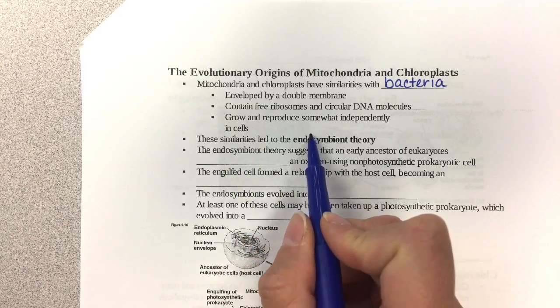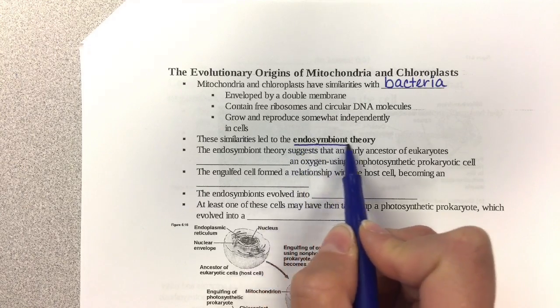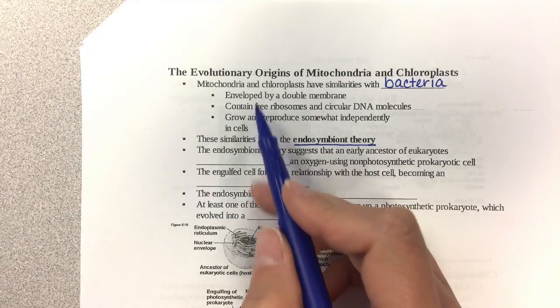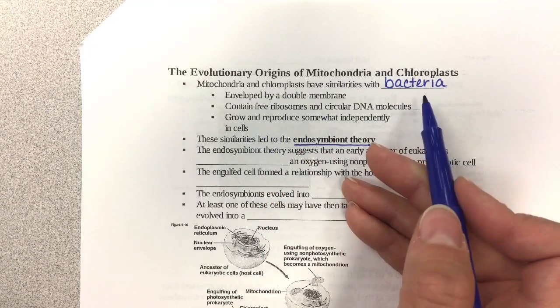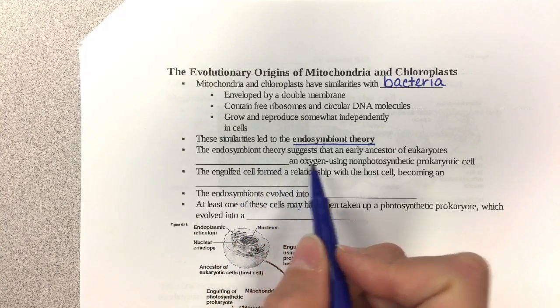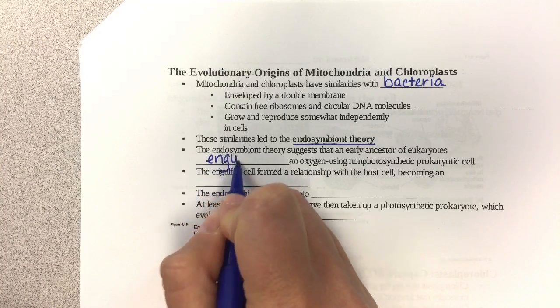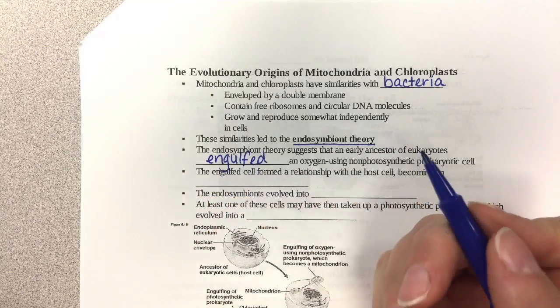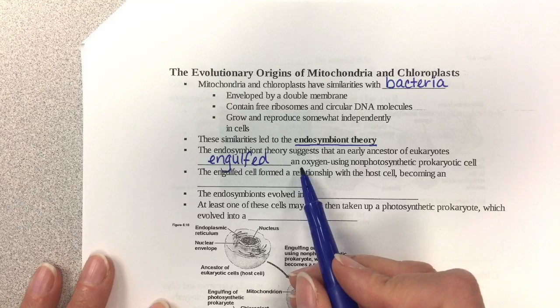So this led to Lynn Margulis, a scientist that came up with this Endosymbiont Theory based upon what she knew about mitochondria, chloroplasts, and comparing it to bacteria. So this theory suggests that an early ancestor of eukaryotes engulfed, means took them in, kind of like the unicellular organism takes in the food that it eats.